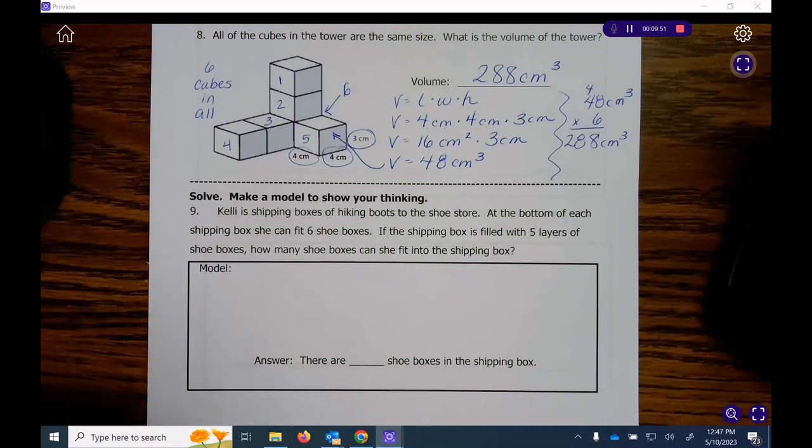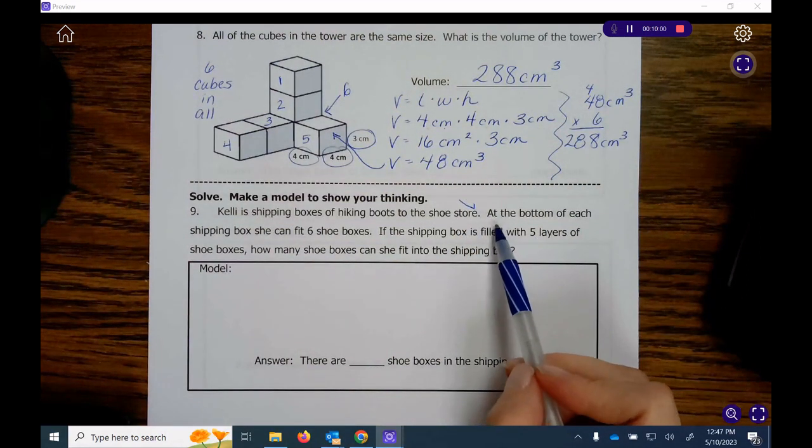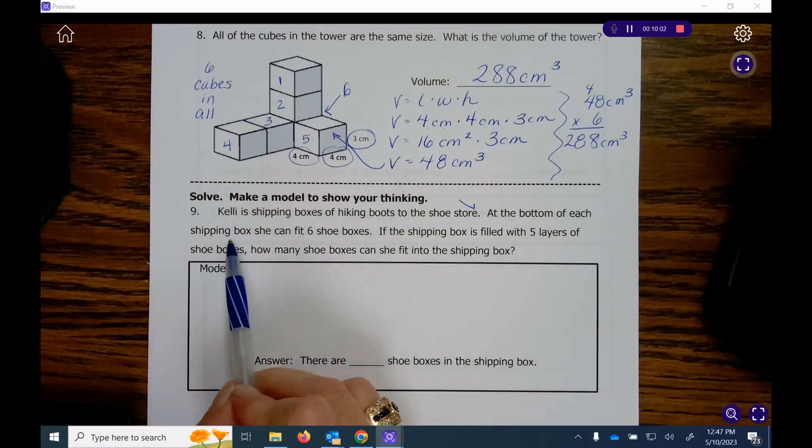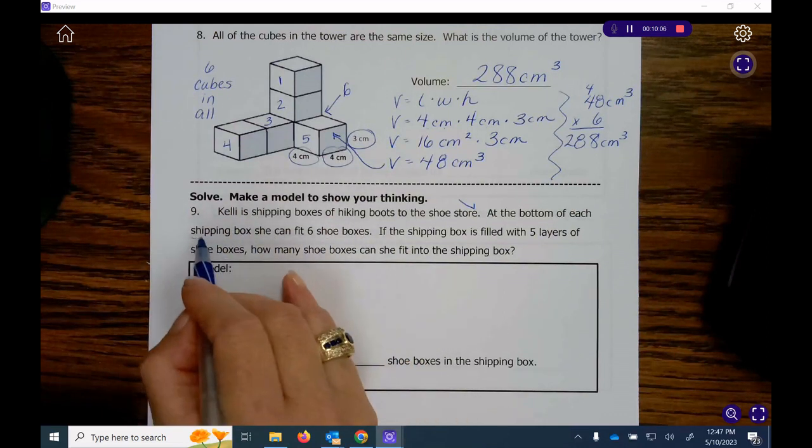All right, so let's see what we've got here. Kelly is shipping boxes of hiking boots to the store. Okay, we got that. At the bottom of each shipping box, she can fit 6 shoe boxes. All right, so she has a shipping box.